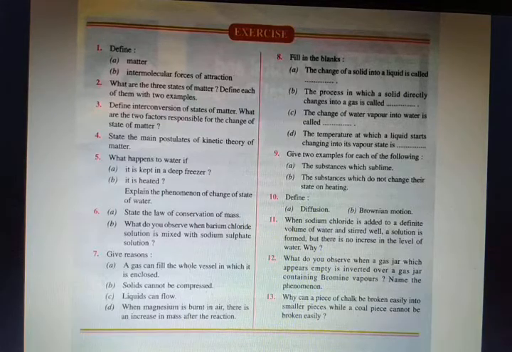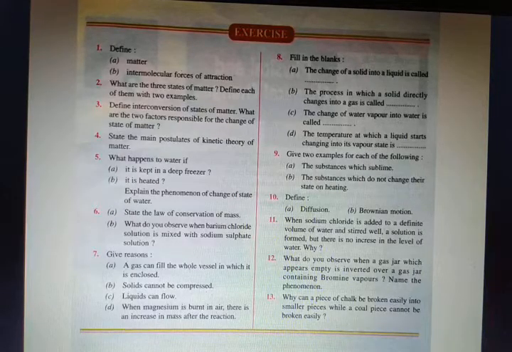Breaking of any substance depends on the intermolecular forces of attraction. If the intermolecular force of attraction is very strong, the particles or molecules making up the substance are held together by strong forces of interparticle attraction.